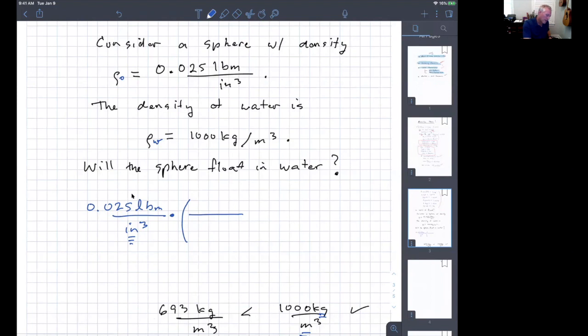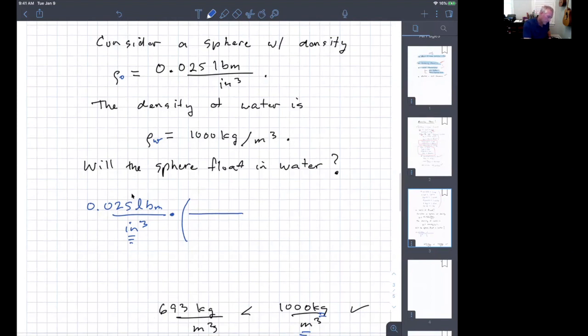Okay, so what we had on our list was the link between length in the English system and length in the metric system: that there were, in 1 inch, 2.54 centimeters. I put the inch on top because I know I needed to cancel with the denominator. But I've got this cube here.